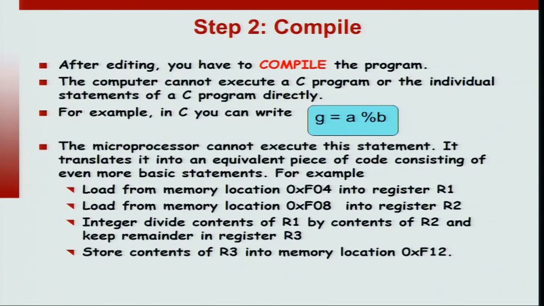But a statement like G = A%B can be translated into a bunch of statements saying: load data from a particular memory location into a particular register, load the second piece of data from another memory location into a second register, divide the contents of these two registers, store the remainder in a third register, and then finally take the result and store it into a third memory location. So the simple statement that we wrote, G = A%B, becomes a bunch of basic statements that the microprocessor can understand, and then it executes these statements.